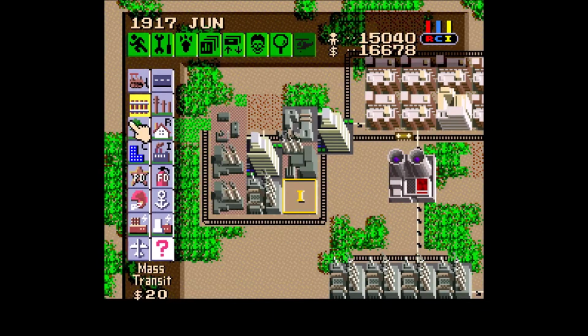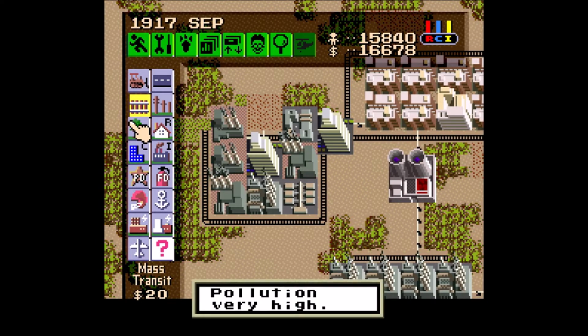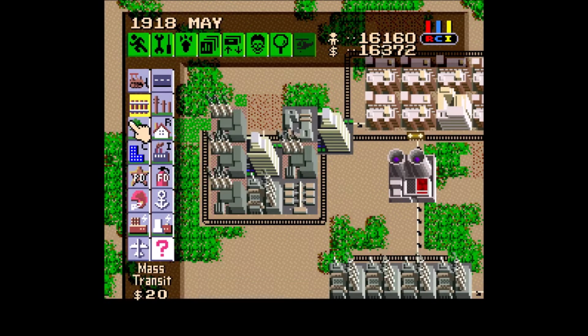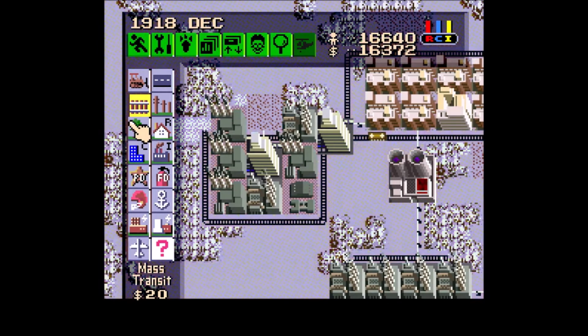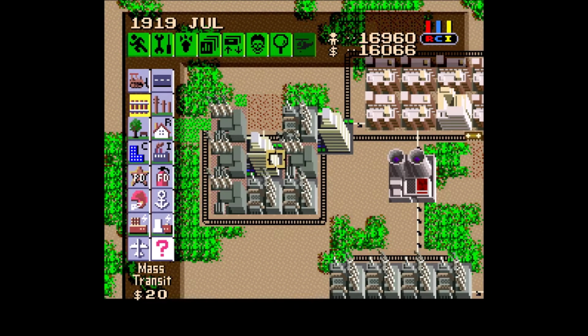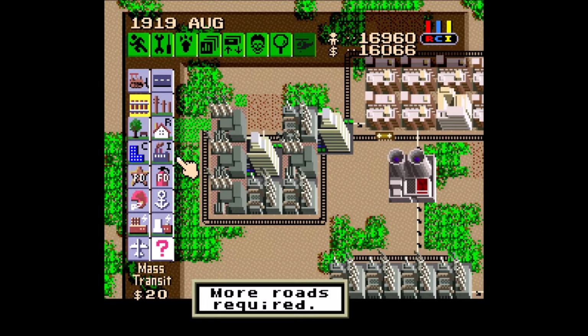And I want you to take notice of what happens. That's right. Nothing happened to this commercial zone. That is because once it's fully developed, it is immune to everything that can be thrown at it. This includes the pollution and crime as well as the lower land values.